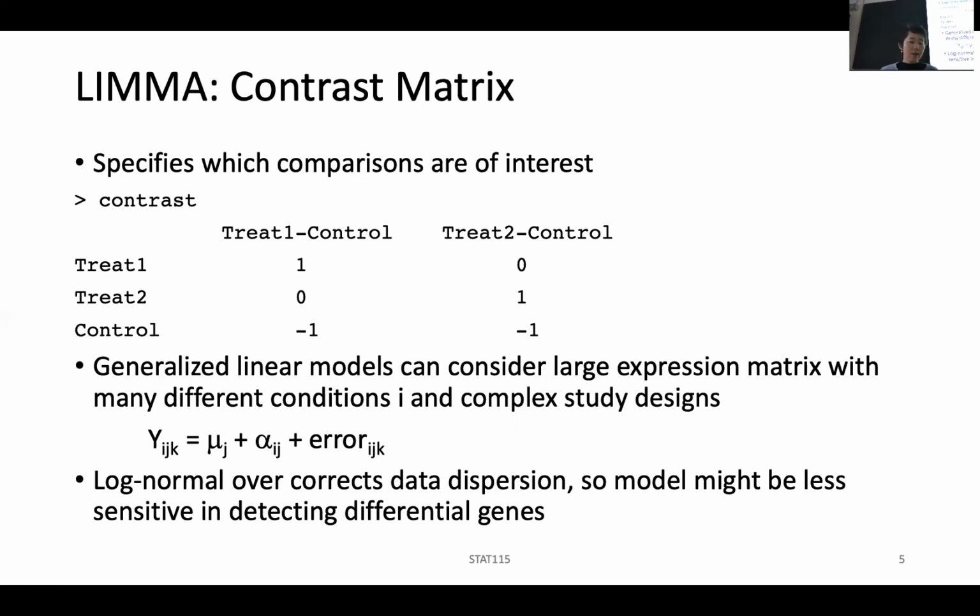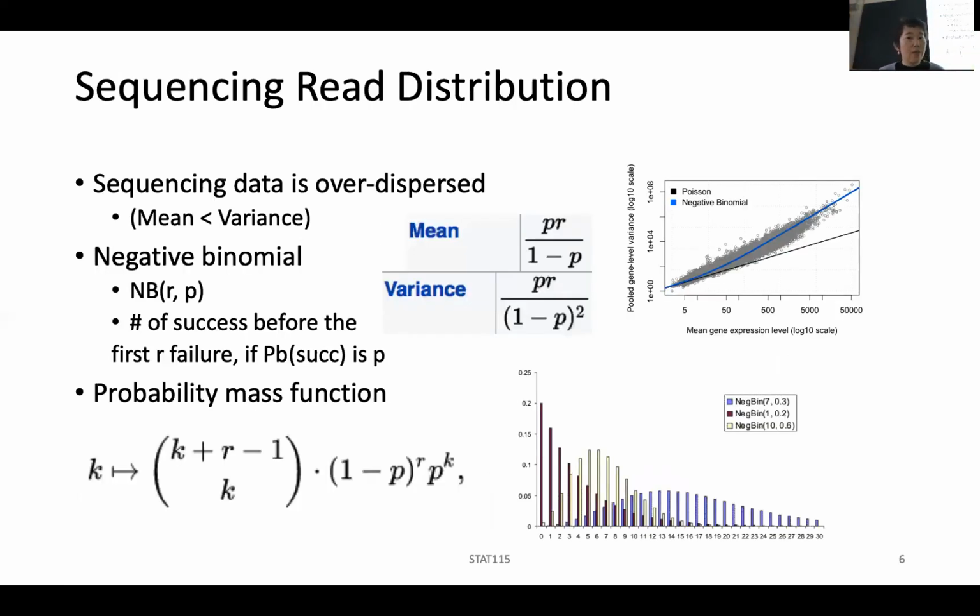And so if you do log normal, yes, it will work to a certain degree, but it's less sensitive in detecting the truly differential genes because you're shrinking this data distribution too much. And so later on, a more sensitive method is modeling the sequence read count distribution by negative binomial distribution.